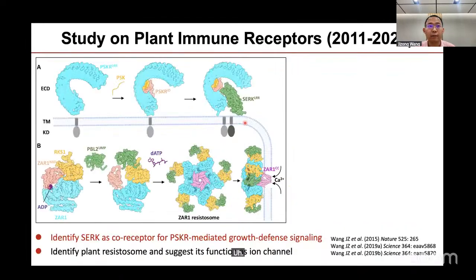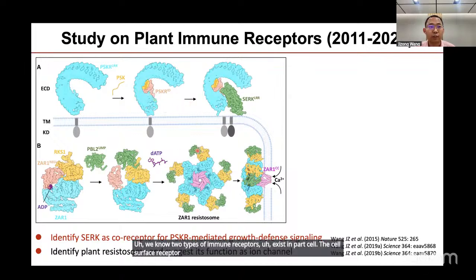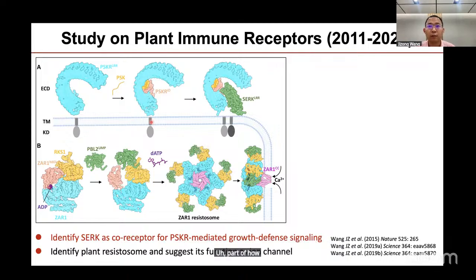I have studied plant immune receptors during my graduate study and postdoc. We know two types of immune receptors exist in plant cells: the cell surface receptor and the intracellular receptor. But how they activate immune signaling remains unclear.